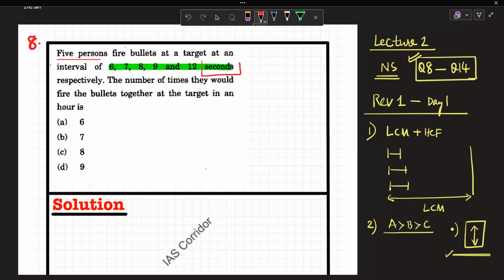Do keep a note of all these units, they are very important. The number of times they would fire the bullets together at the target in an hour is?